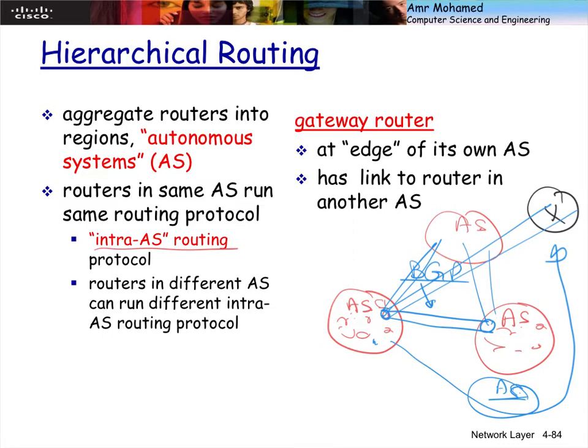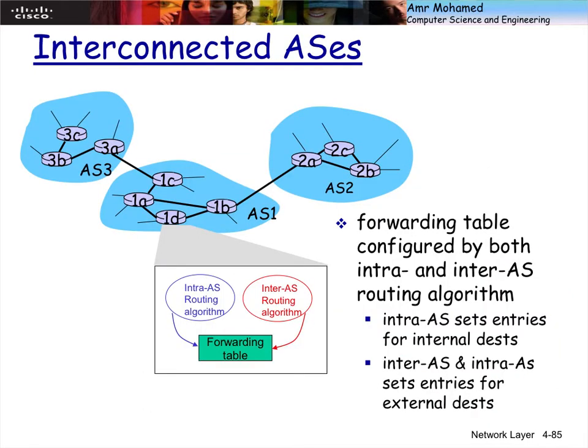طيب, so the main thing here is that for each autonomous system I have a designated gateway. This is very important. I have designated gateway or maybe more than one, okay, that connects me to the other autonomous systems, right? So see how this happens. So this autonomous system 1 is connected to autonomous system 3 through this link, which is connected with router 1C.